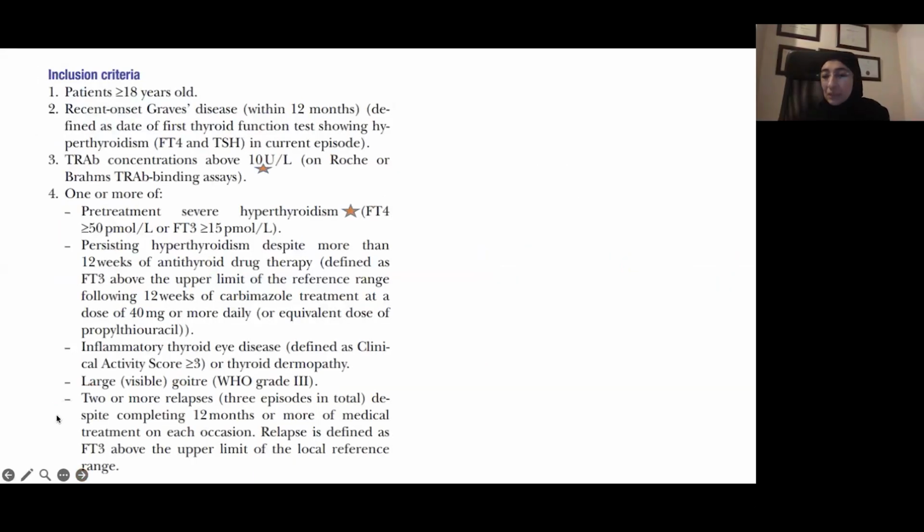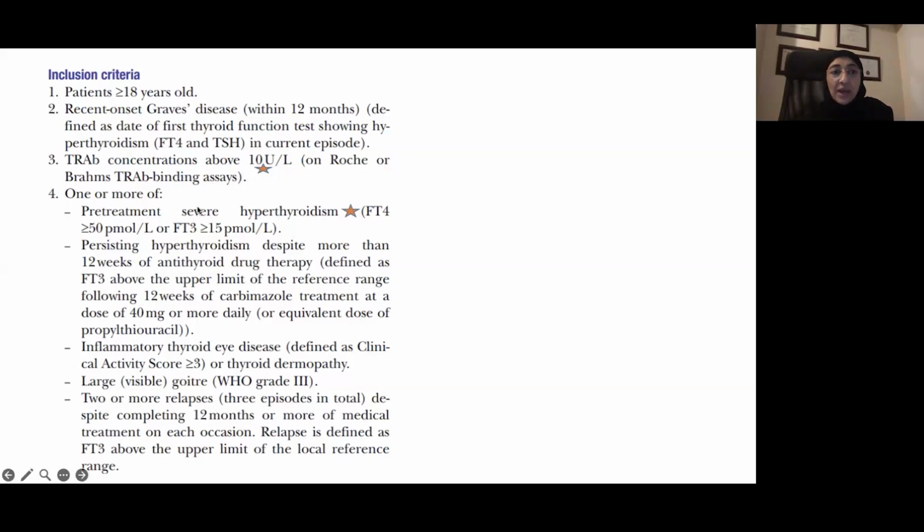So what defines severe Graves' disease? Patients in the study had to be above 18 years old, with a recent onset of Graves' disease. TRAb concentration had to be above 10 units per liter, which indicates severity of Graves' disease.